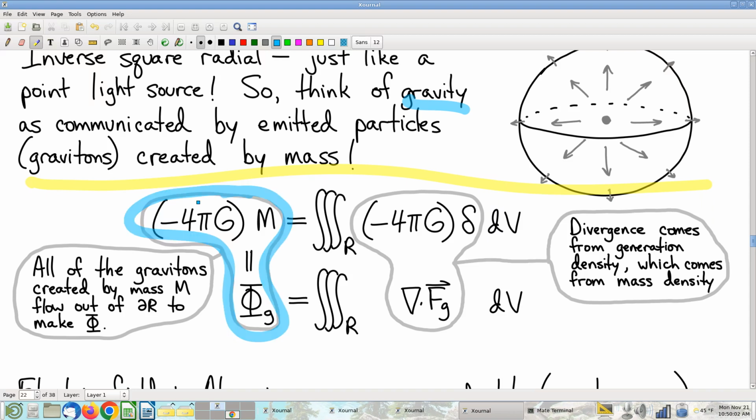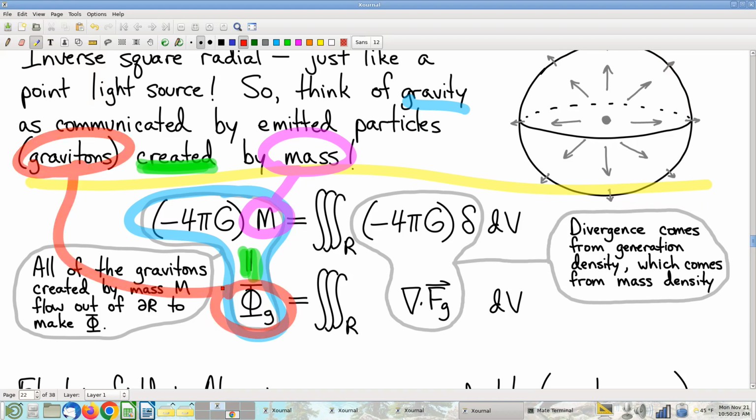Yeah, all right. So my claim is that the flux is proportional to the mass. And why should the flux be proportional to the mass? Well, just keep in mind, mass is what creates the flux in the first place. Mass is what creates the gravitons. So if you've got more mass, there's more mass pumping out gravitons that then eventually pass through the surface, the boundary of whatever region you're looking at.